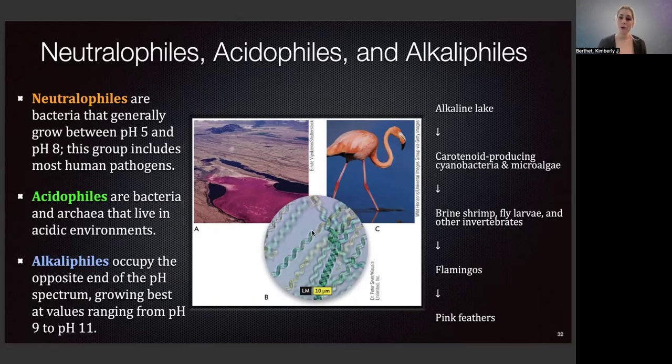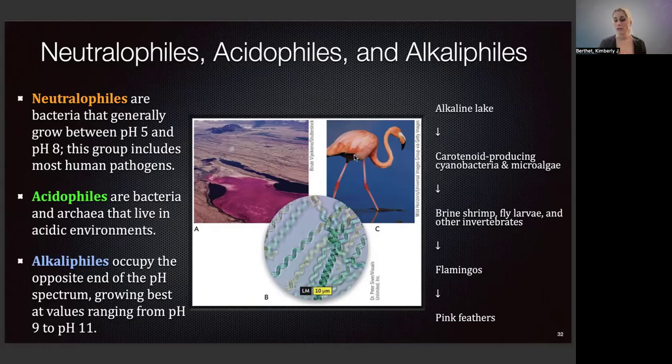Brine shrimp eat these microorganisms and this microalgae, and then the flamingos end up eating these brine shrimp that have eaten the microalgae. When the flamingo consumes the carotenoids previously concentrated by the brine shrimp, it starts concentrating these pigments, these molecules that contain color, within its feathers. So that's why we see this pink color.